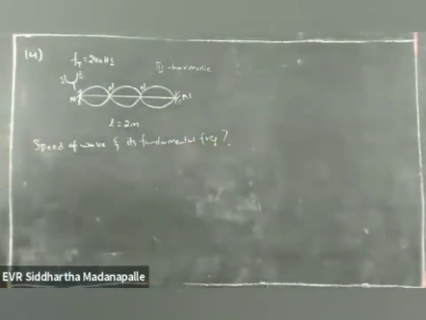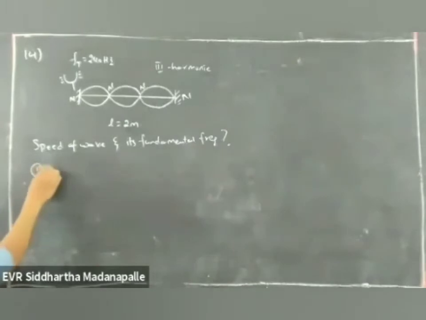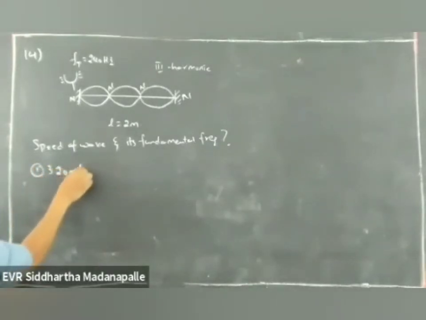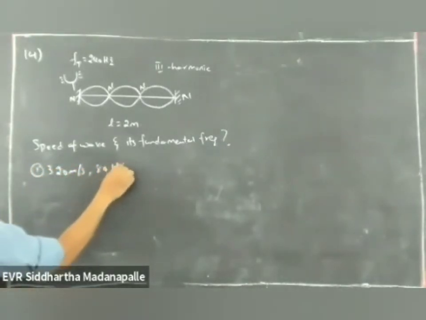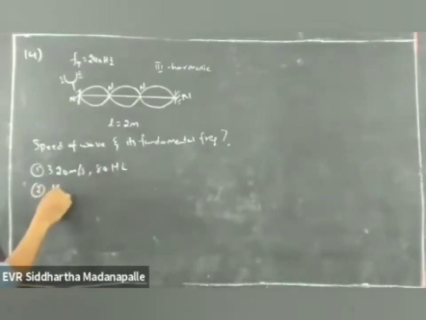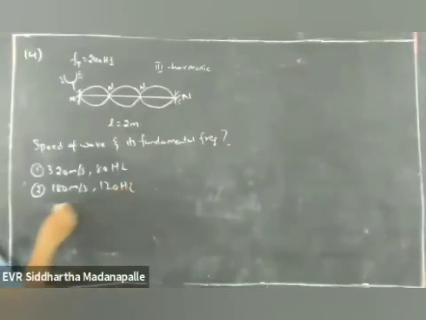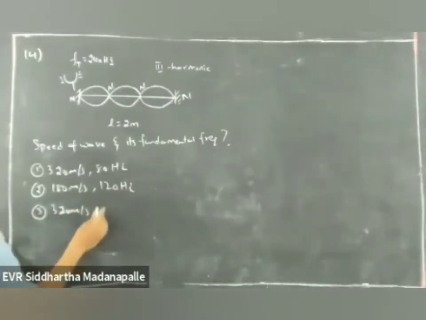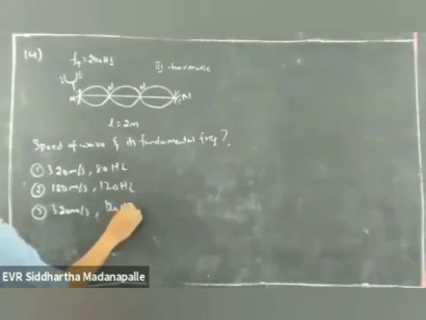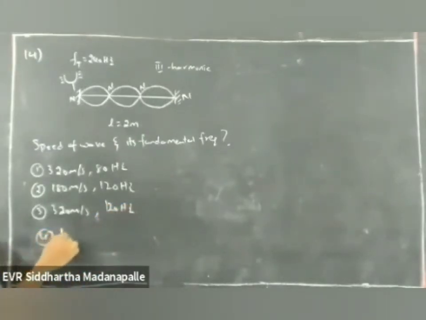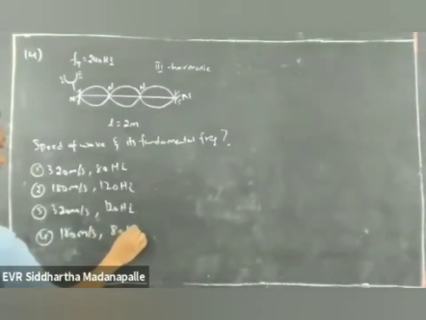The options are: 320 meters per second, 80 hertz; 180 meters per second, 120 hertz; 320 meters per second, 120 hertz; and 180 meters per second, 80 hertz.